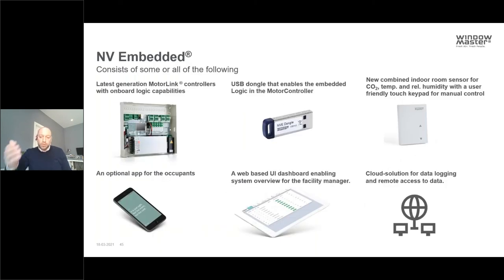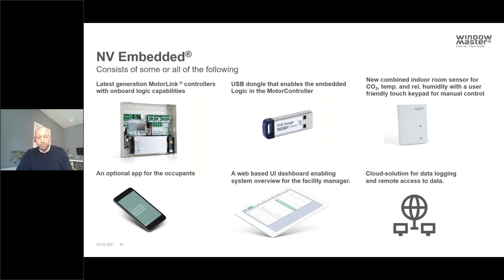In terms of the components, effectively you've got the MotorLink controllers, and then we enable the logic on board with a dongle, which is all programmed up to suit the room requirements and parameters. We've developed a new combined indoor room sensor and override keypad, which can be a nice solution, but equally the MV Embedded could use the BMS sensors as well and share those on the same network.